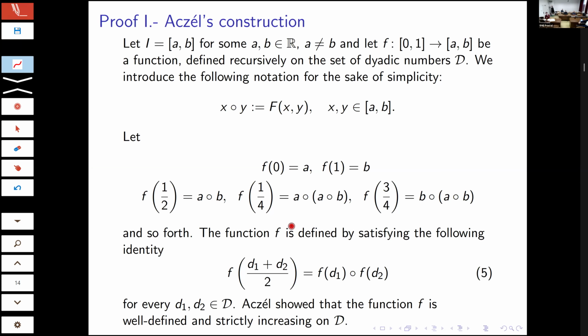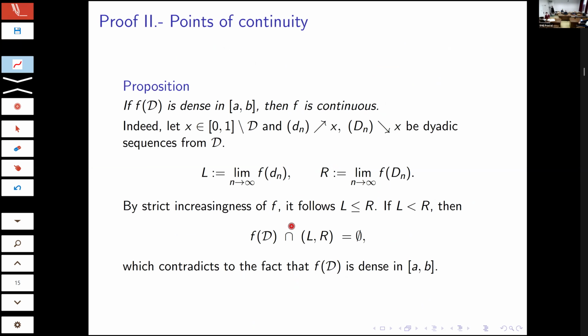It's not trivial on its own. And he also proved that it is strictly increasing. It's not very hard. If we have f strictly increasing, it doesn't use any continuity. The second point is that if the image of F on the dyadics is dense in AB, then f is continuous.